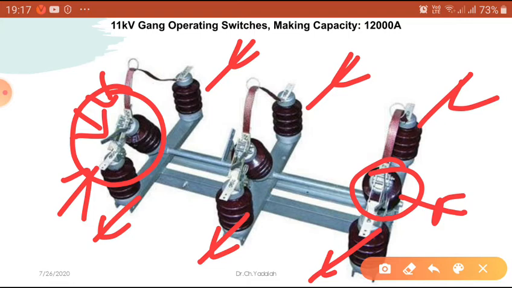At the same time, the oil particles receiving this high temperature become carbon components. After repeated closing and opening operations, the oil dielectric strength deteriorates and the carbon content increases. At one stage a malfunction takes place, so we have to filter the oil once again.